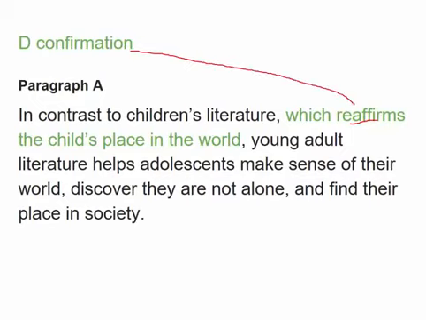Okay, it offers confirmation to a child that, hey, I belong here and I'm loved and I have a place in the world, all of those ideas, okay? So that was the idea taken from the passage, that adding confirmation to number 2 helps to paraphrase there. Okay, so that's why D is the correct answer for number 2.